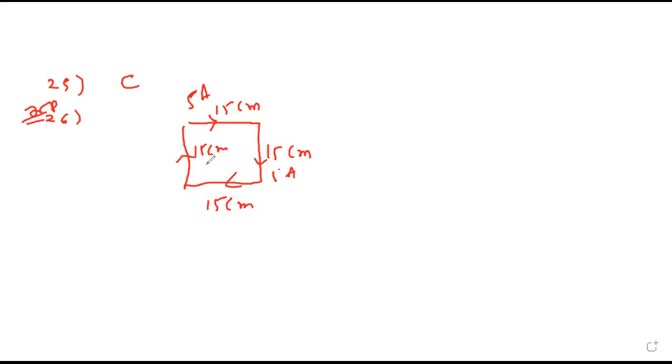It is placed with one of its sides parallel to a long straight wire carrying current of 10 ampere. As shown in the figure, the correct statement related to net force acting on the loop due to the wire is: net force acting on the loop due to the wire.